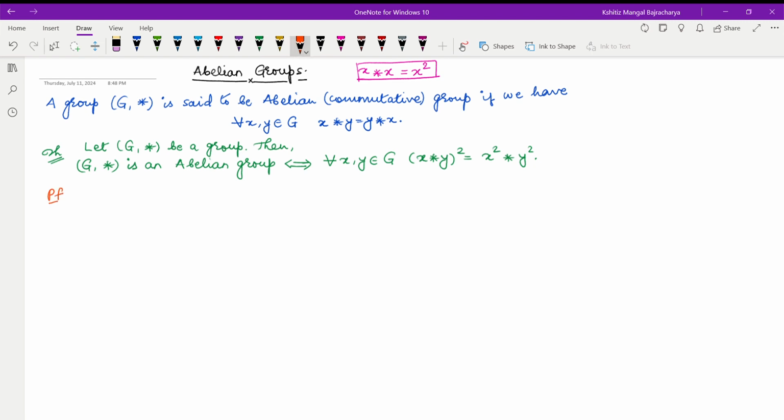Now to prove it, consider this algebraic structure G star to be a group. Let's prove the forward implication first. For this, let G star be an abelian group. We're going to assume that G star is an abelian group.